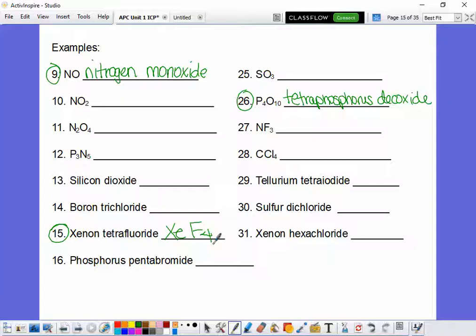Fl is a newer element that has been named flerovium. Therefore, it's not on that periodic table. Therefore, if you put Fl, you're saying it's a different element. Before they came up with that name, it was just the wrong symbol. Now it's actually a completely different element. Okay? So covalent's pretty straightforward.